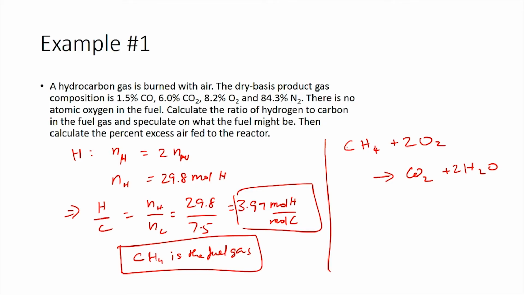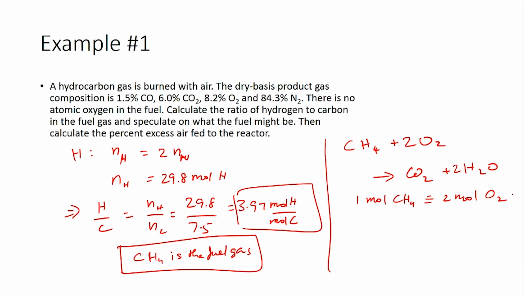You have 1 atom of carbon on both sides, 4 atoms of hydrogen on both sides, and 4 atoms of oxygen on both sides. So, this means 1 mole of methane requires 2 moles of oxygen for complete combustion.